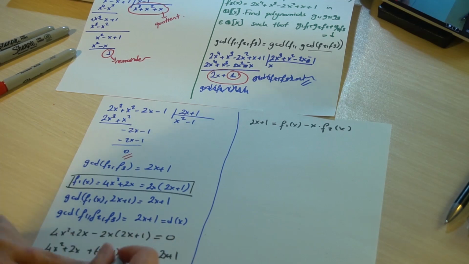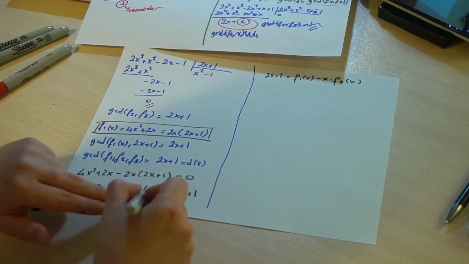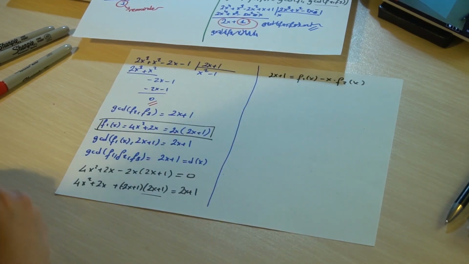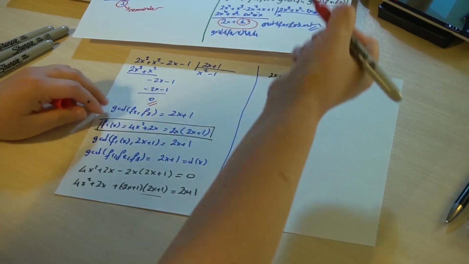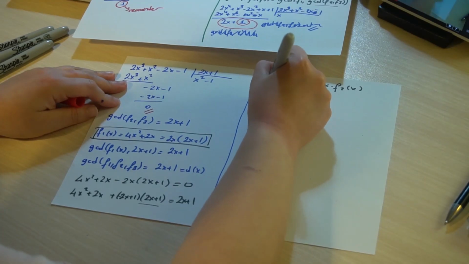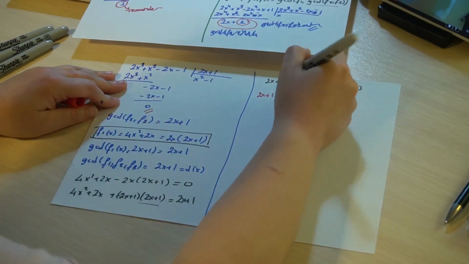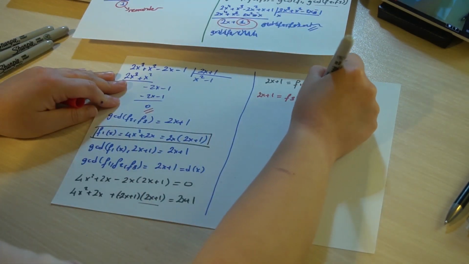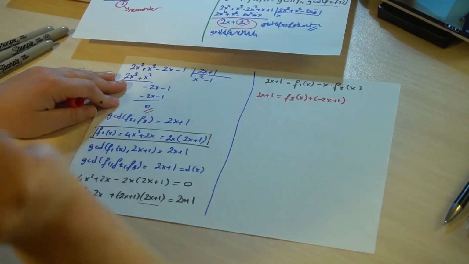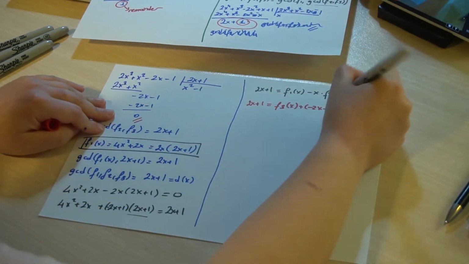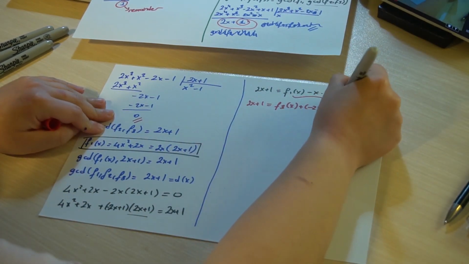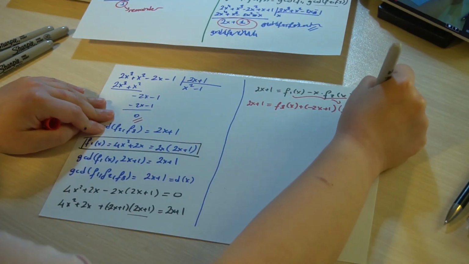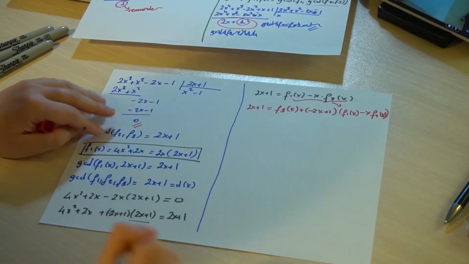So we can replace this 2x plus 1 by this one. Then we will have 2x plus 1 is equal to 1 times f3(x) plus minus 2x plus 1 times f1(x) minus x times f2(x).